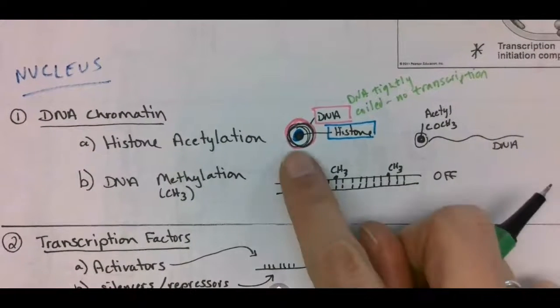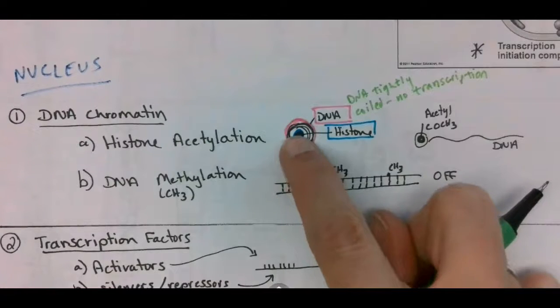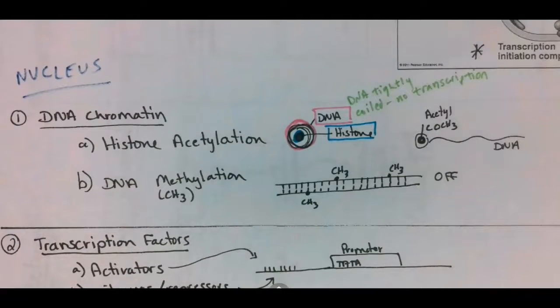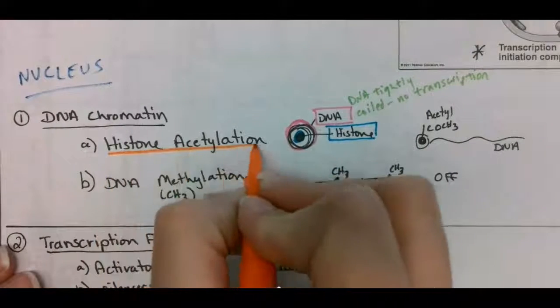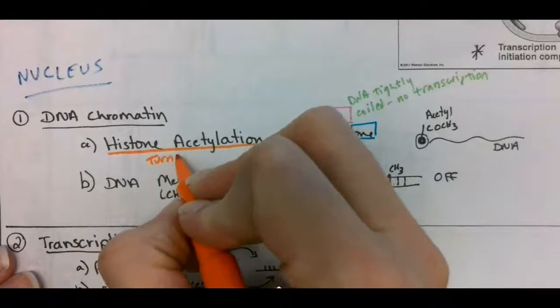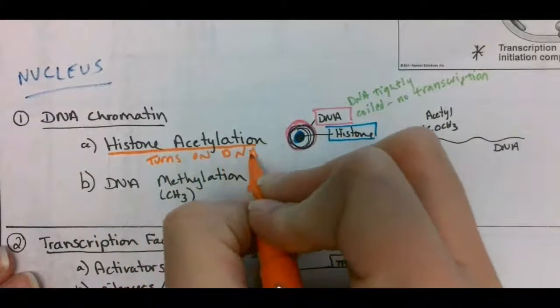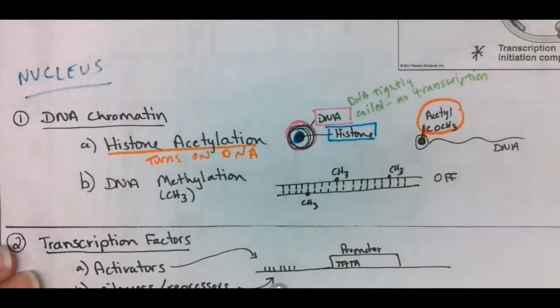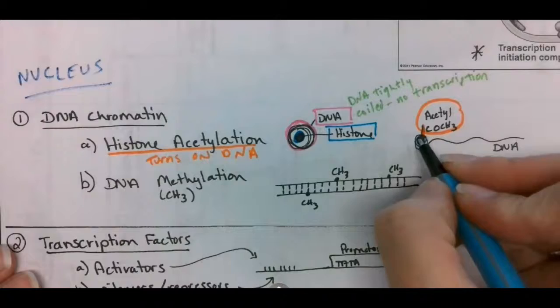So what happens if we want to see this gene transcribed and translated? We can do something called histone acetylation. In histone acetylation, this turns on our DNA. And what happens is we add an acetyl group, COCH3, directly to the histone protein.